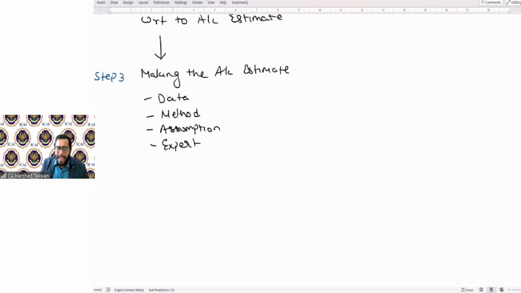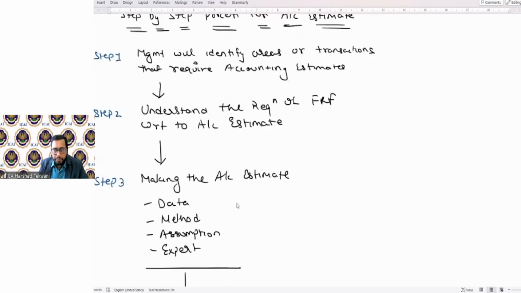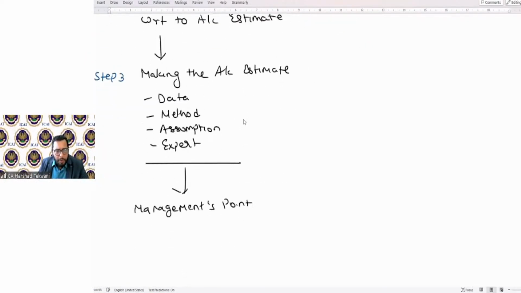Okay, and on the basis of that, they will prepare management's point of estimate. Basically, management's point of estimate means the amount that they will derive. That is the step that they follow.